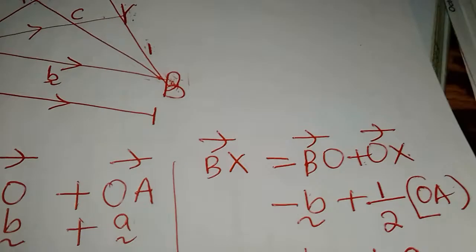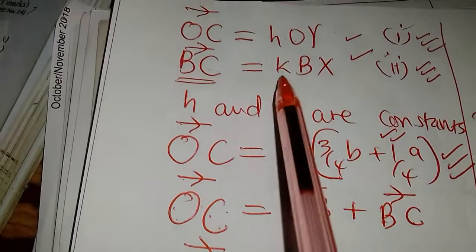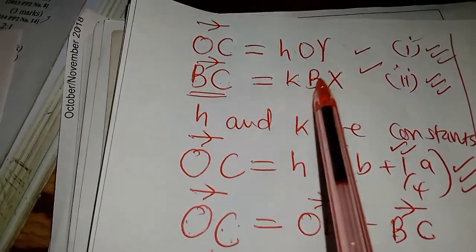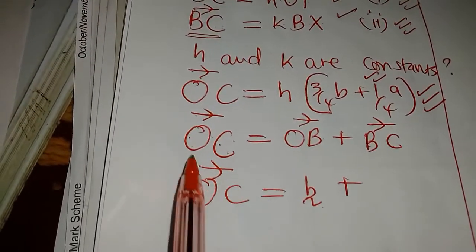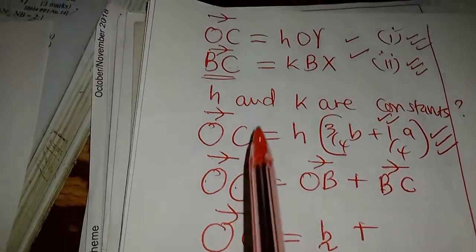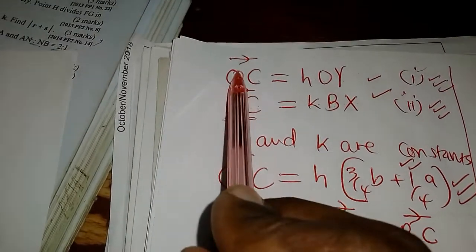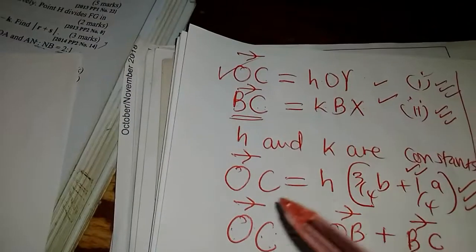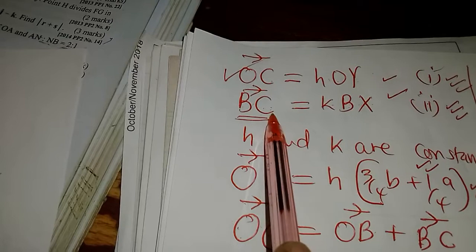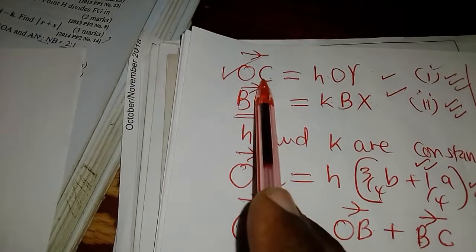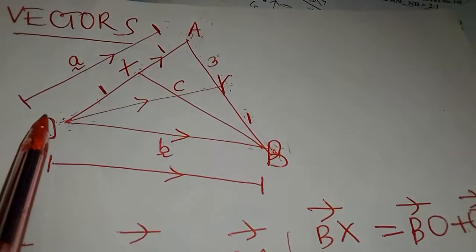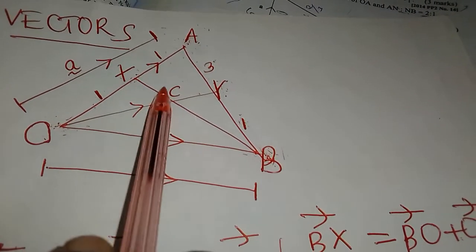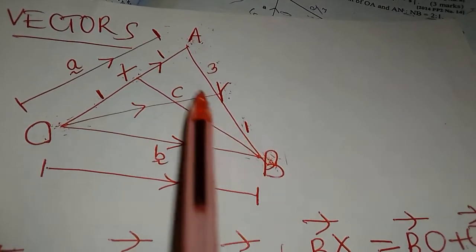Our BC has been given here, BC is KBX. Consider this: you have to move from O to C, but you have to pass through BC. The first one is direct. The second one is not direct, so we're writing OC in two different ways. From O to C, but through BC, can be OB plus BC.